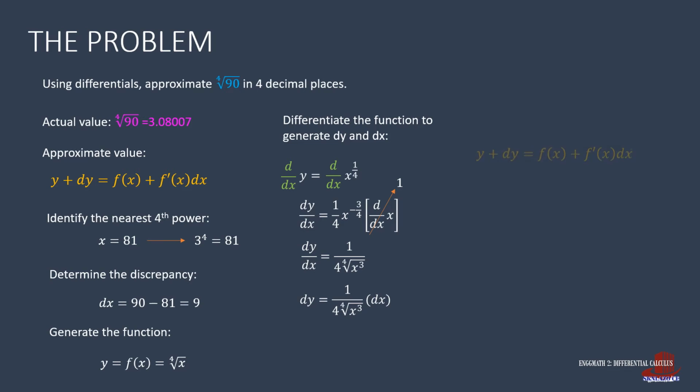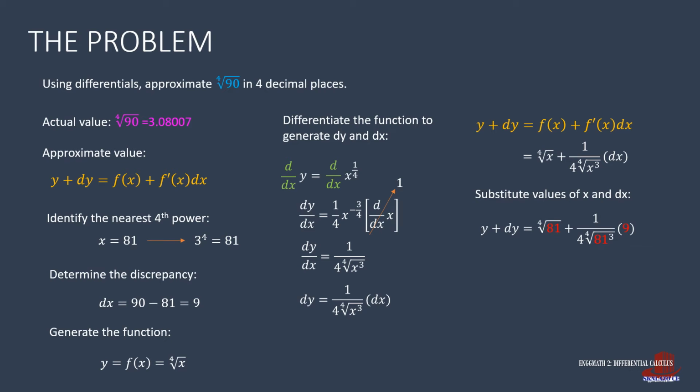With all parameters already figured out, we can plug everything in the working equation. Y plus dy is then the fourth root of x plus 1 over 4 times the fourth root of x cubed with dx. Plug in values as identified earlier.